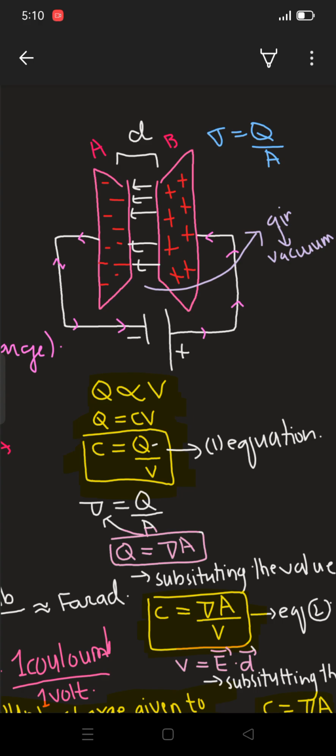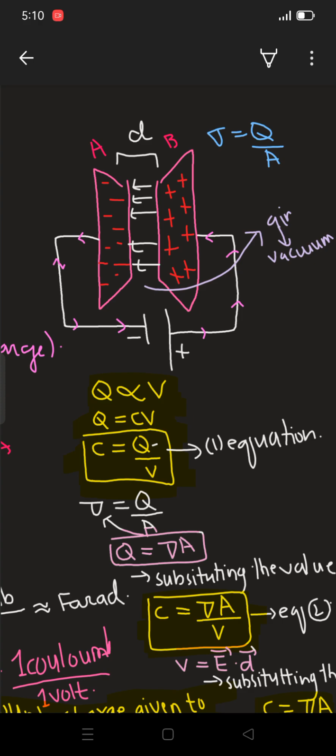The positive plate of the capacitor stores the positive charge and is connected with the positive terminal of the battery, and the negative plate stores the negative charge and is connected with the negative terminal of the battery, with provided potential difference V volt, right? These two plates are separated by a very small distance called d.